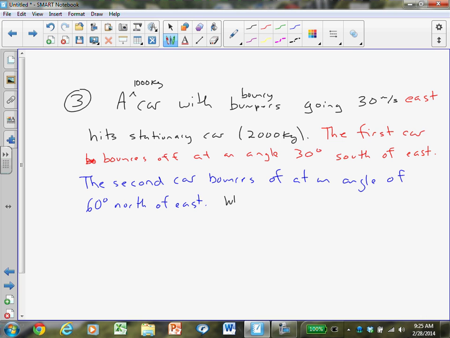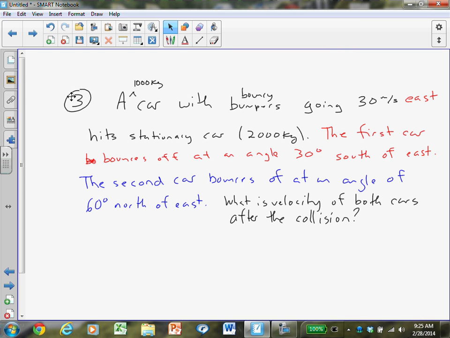What is the velocity of both cars after the collision? What do you think? What's my first step? Draw a picture.